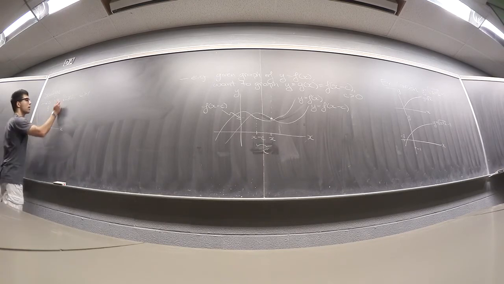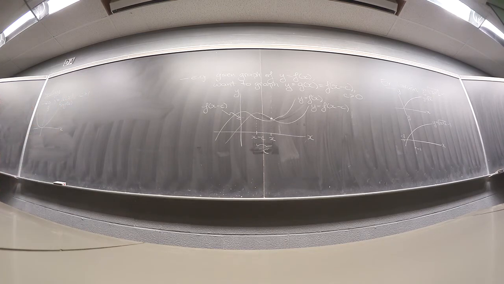Let's say it's the graph of y equals f of x. And think exactly the same way as before. You want to know what value this guy takes at any x. That's a bad choice of x.